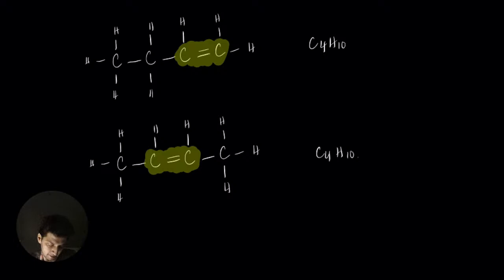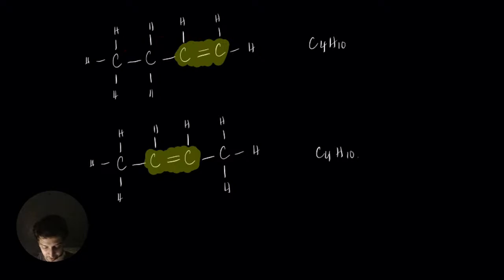Now, you're not strictly asked this, but I'll tell you how they're named differently. The first one, what you say is, you number the carbons. You start numbering your carbons to identify where the double bond is. How would you prefer to number it?